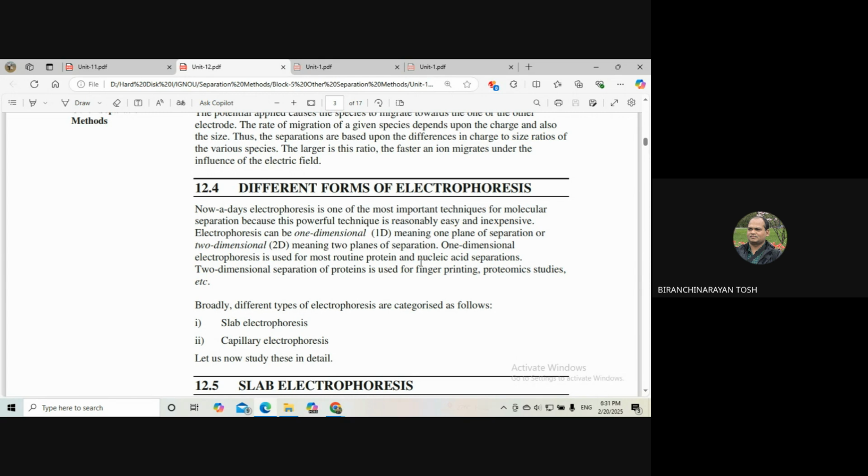One-dimensional electrophoresis is used for most routine protein and nucleic acid separations, whereas two-dimensional separation of proteins is used for fingerprinting, proteomic studies, etc. Different types of electrophoresis again can be categorized as slab electrophoresis and capillary electrophoresis.